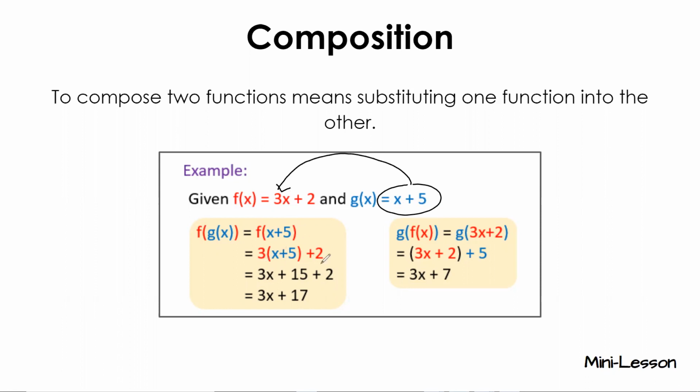You can see that right here. Then we're going to simplify. They're also going to do the opposite. So what I mean by that is you're going to write out g of x, and then you're going to substitute f of x in for this x. Okay, so go ahead and take a moment. I would write these two things down, and then we're going to do a couple of practice problems with it.